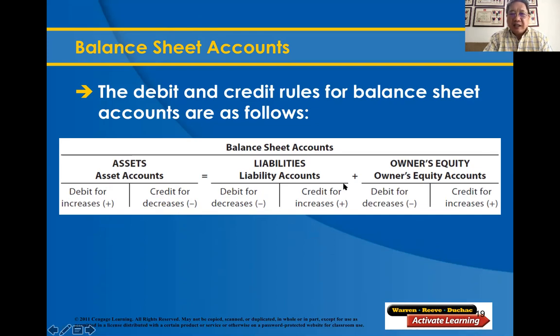Umutang ka, nadagdagan ng utang mo, nag-increase yung utang mo, credit. Binayaran mo utang mo, nabawasan syempre utang mo, debit yun. Nagdagdag ka ng kapital, dumami ang kapital mo, credit yun. Nagbawas ka ng kapital, debit yun. Okay, sasauluhin niyo yan. Dapat yan automatic na sa inyo.